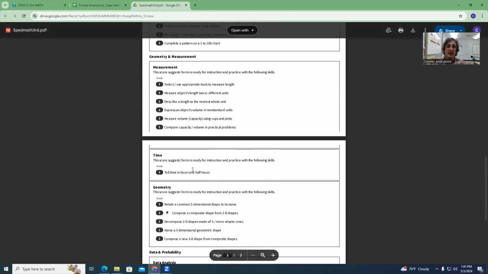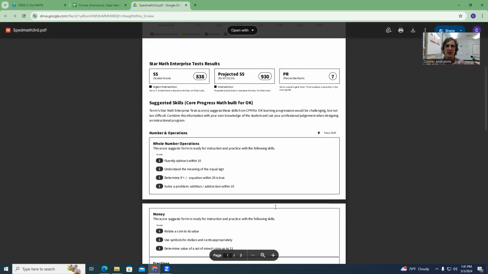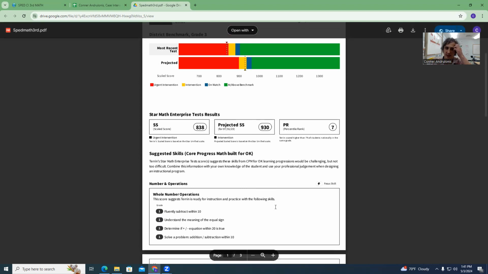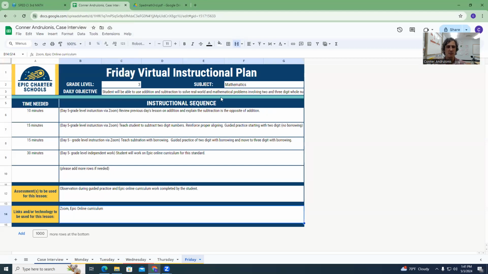Measurement, telling time, geometry, working with shapes, identifying shapes, those types of things. What I've used to create a lesson plan for this first week is this whole number operations area. So I'm going to jump over to this lesson plan real quick and just give you a quick overview of what I think this might look like this week.